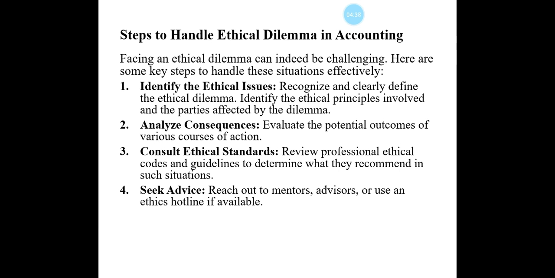The last step is to seek advice. He is going to reach out to a mentor, an advisor, or use an ethics hotline if available. Here in this case, accountants need someone to give them advice in order to make things clear for them.